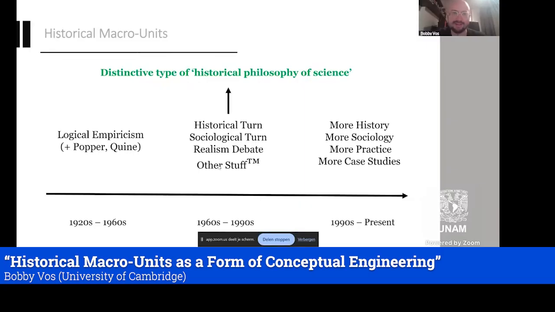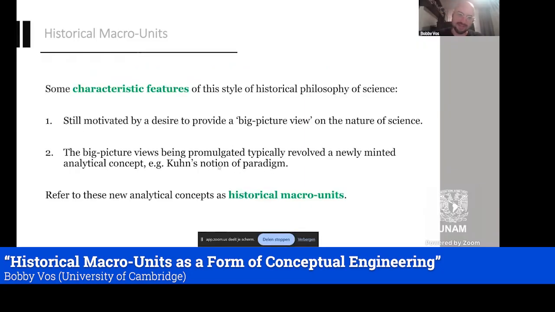We see here a distinctive style of historical philosophy of science that in various ways feels quite different from a lot of the stuff people are working on today when they are working on the intersection of philosophy and history of science, be that under the banner of integrated HPS explicitly or in a more general sense. And so then we might ask, well, what is it that makes this particular style of historical philosophy of science so distinctive?